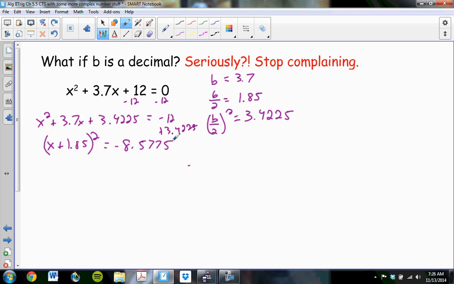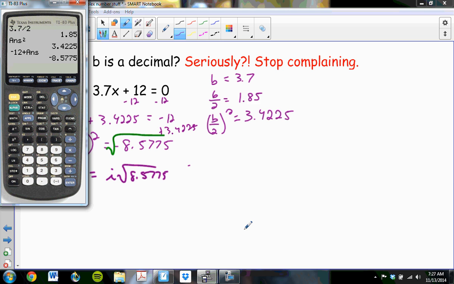And from here on out, I'm just going to grunt things. Again, when I square root both sides, I have an i, which means that I have x + 1.85 equals i root 8.5775. And I'm actually going to calculate that square root, just because I've already got decimals to begin with, so why not?